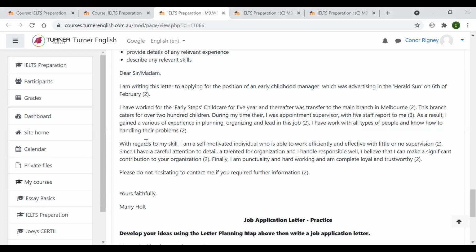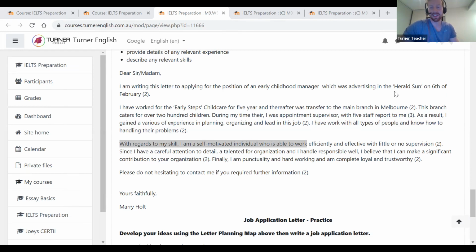With regards to my skill, I am a self-motivated individual who is able to work efficiently and effectively, little or no supervision. Okay, what do we have here?